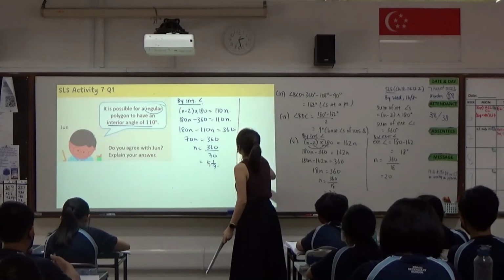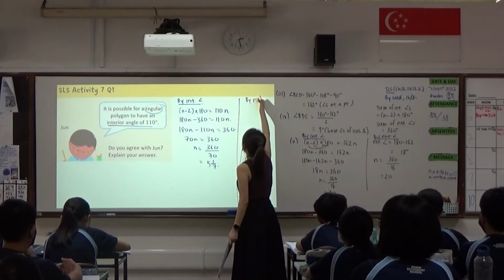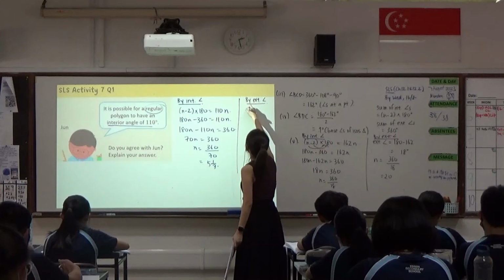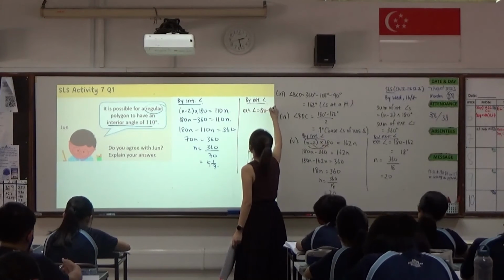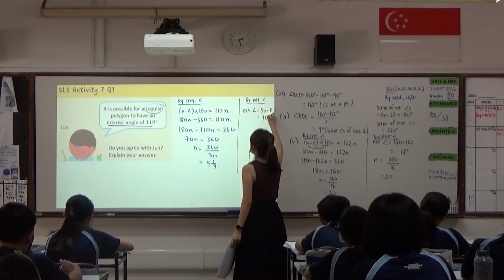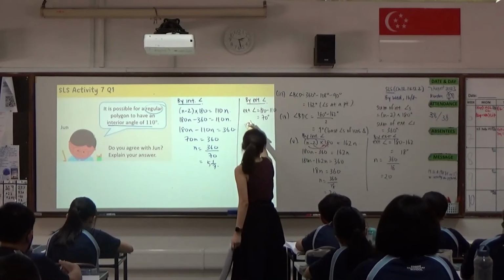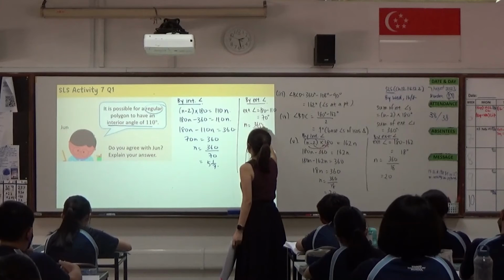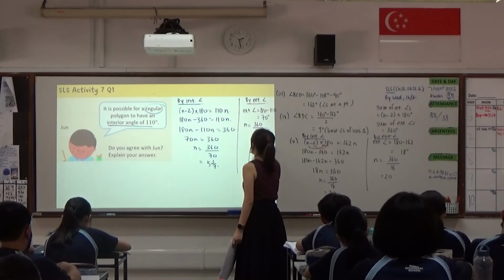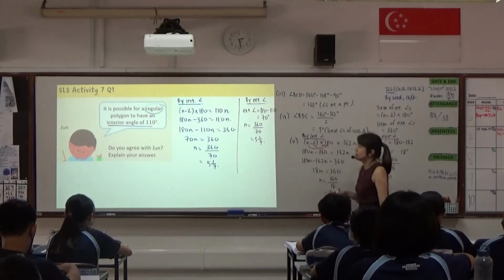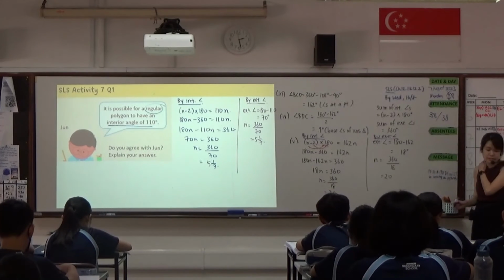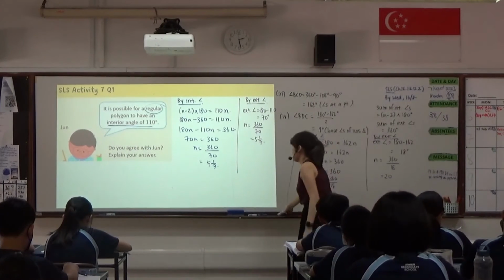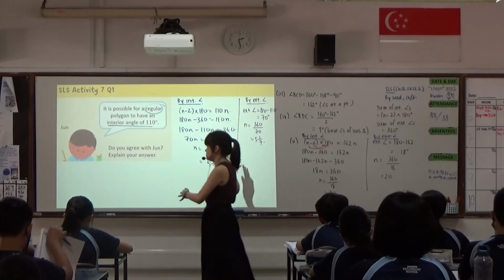Alternatively, if I do it by exterior angle, I will get 5 and 1 over 7 as well. The method is slightly shorter, but my conclusion will remain the same.